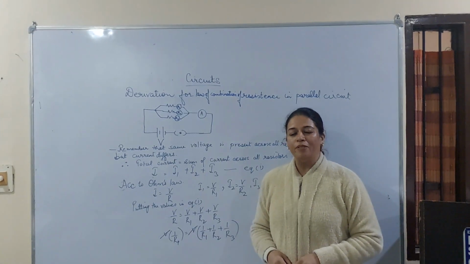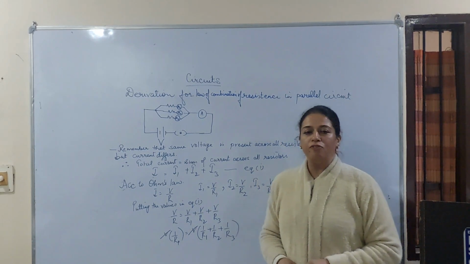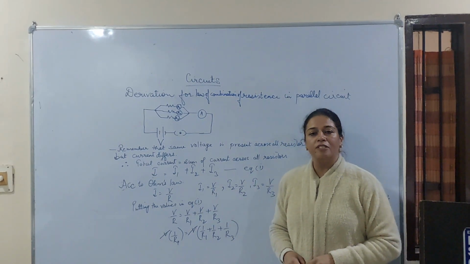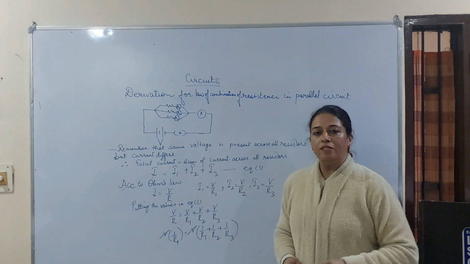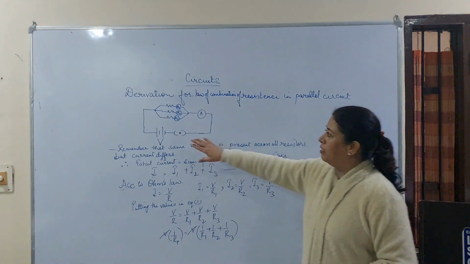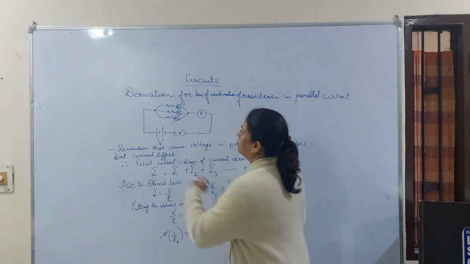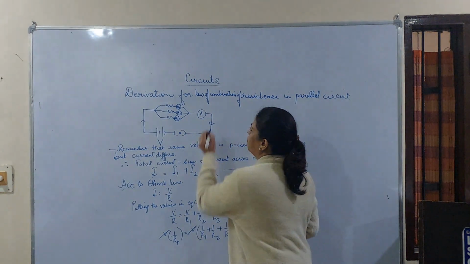And next we take up the derivation for the law of combination of resistances in parallel. When the resistances are connected in parallel, you can all see the current flowing through them is going to branch off.